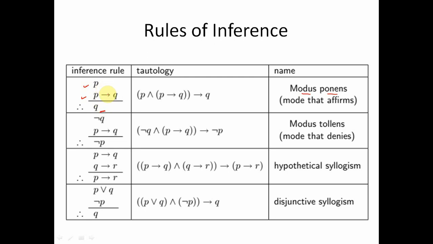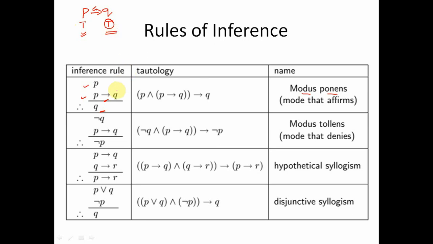We already know that in the case of an implication P implies Q, if I know that this is true, then the implication is going to be true if and only if Q is also true. So if I say P is true and the implication is true, that means Q is bound to be true.